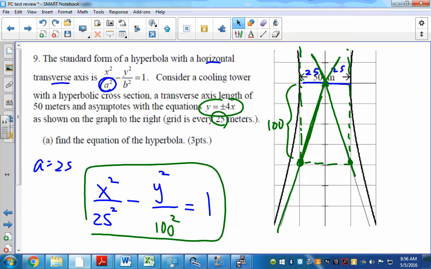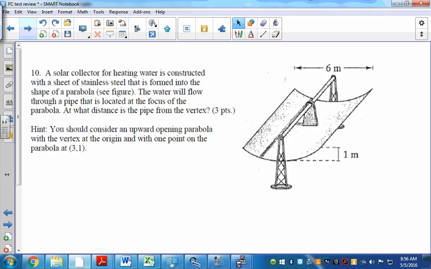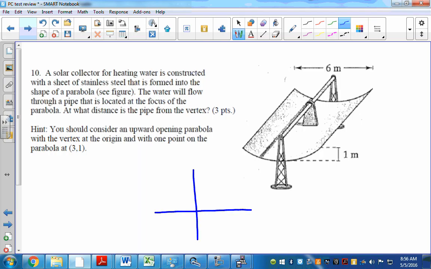Next guy is a solar collector for heating water, constructed with a sheet of stainless steel that's formed in the shape of a parabola. The water will flow through a pipe located at the focus. At what distance is the pipe from the vertex? So we're looking for the P number. If we try to redraw this, there's a hint on how you might consider this.